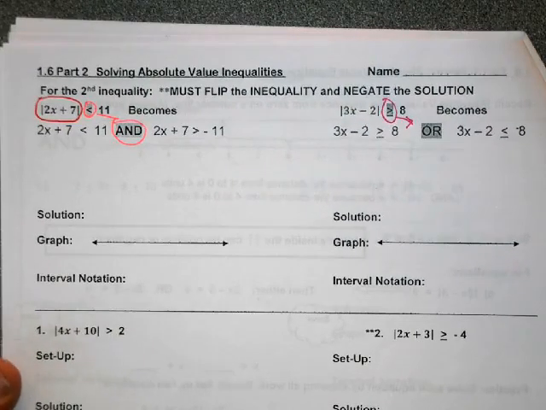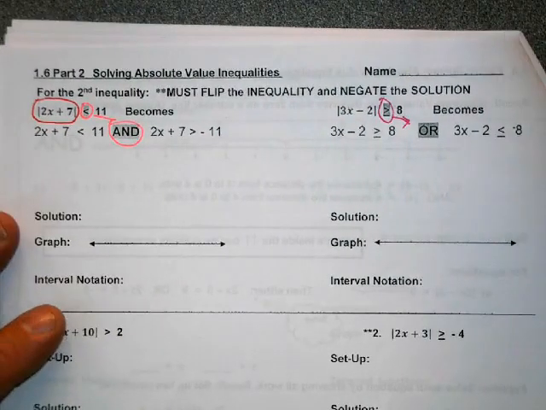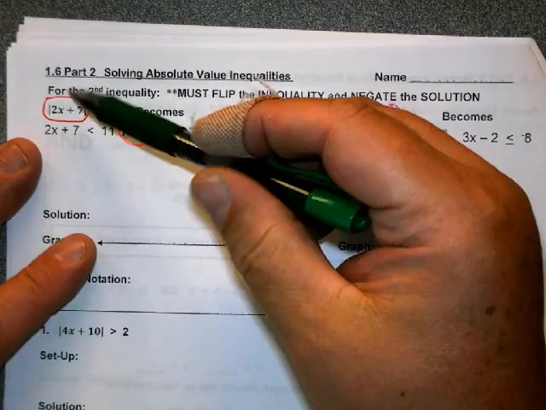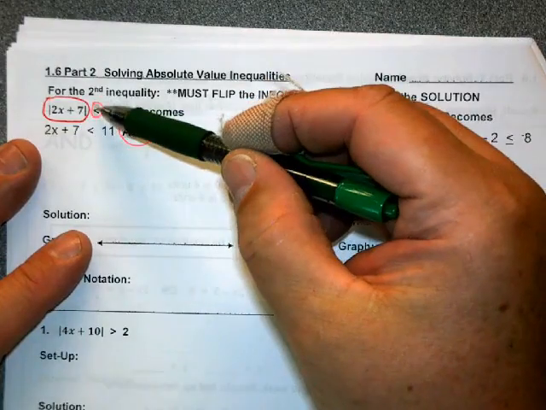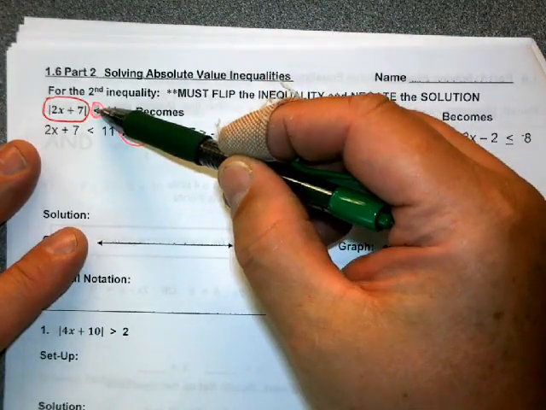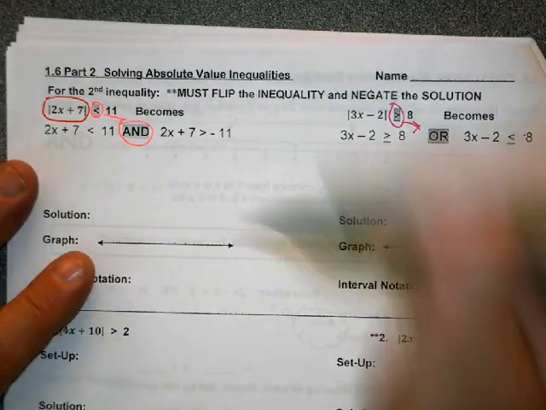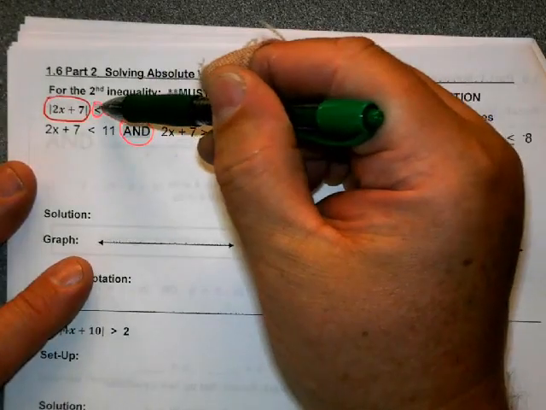All right, so let's do the first one. The absolute value term is by itself, so I'm going to determine that this is a less than. It's an and problem because it's less than.